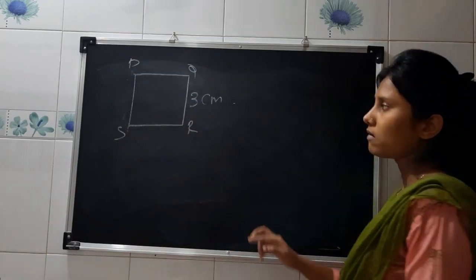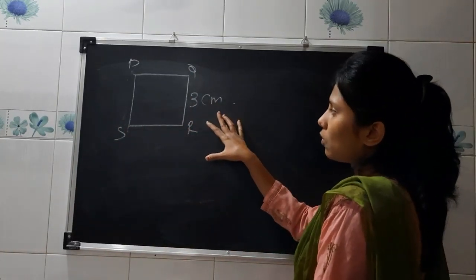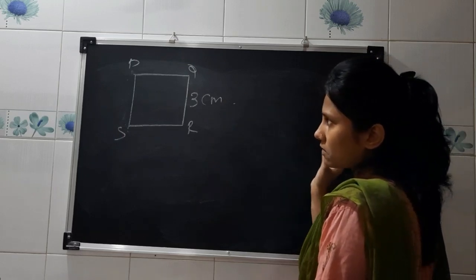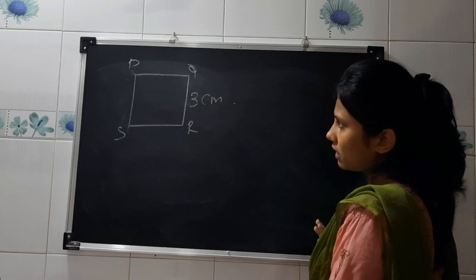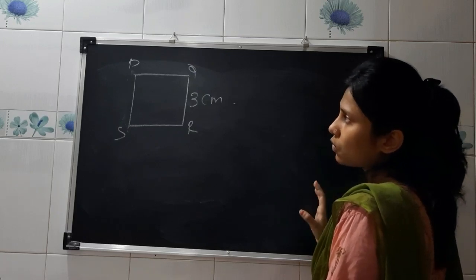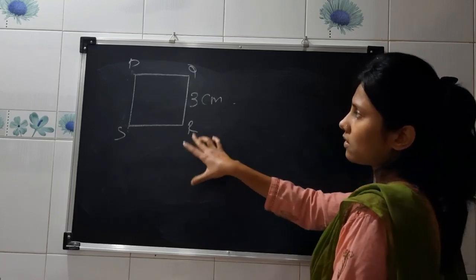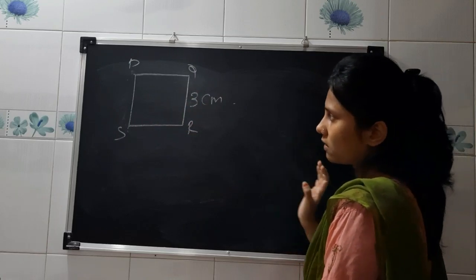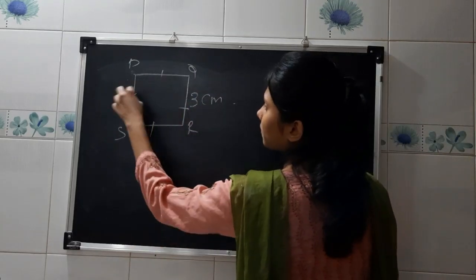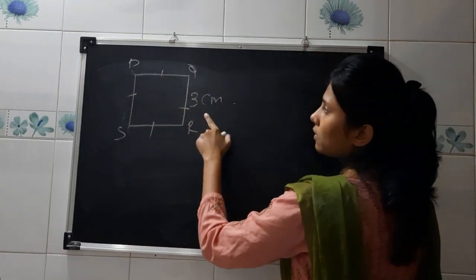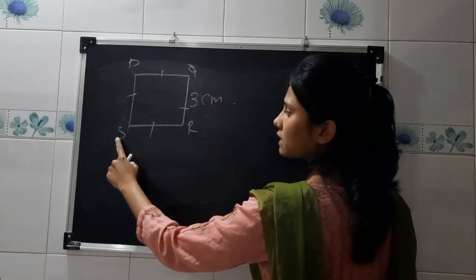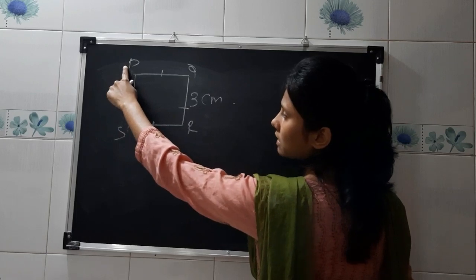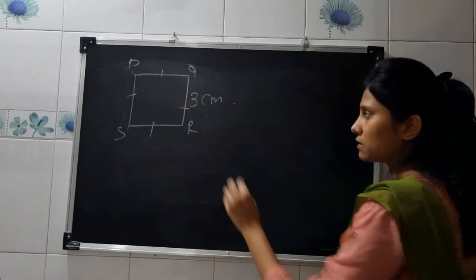This is a square with the side 3 centimeters. Now you all know that a square has all sides of equal length. So if QR is 3 centimeter, then RS is also 3 centimeter, PS is also 3 centimeter, PQ is also 3 centimeter.